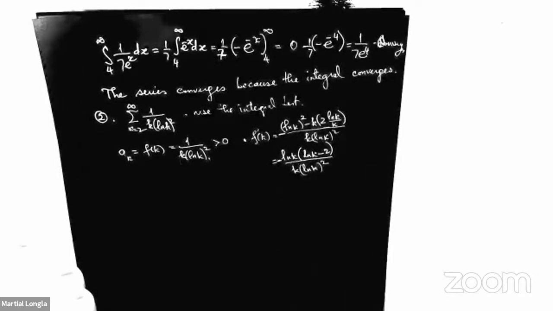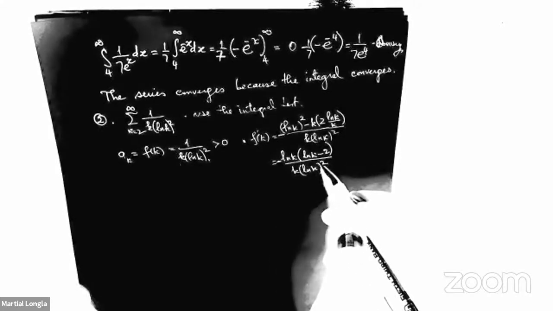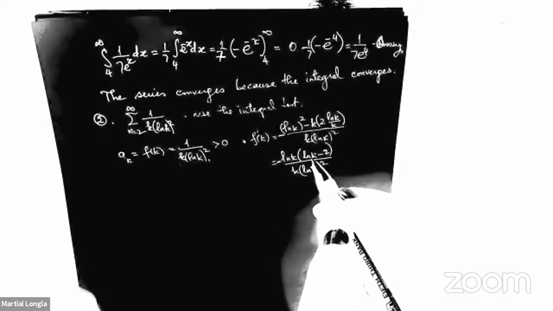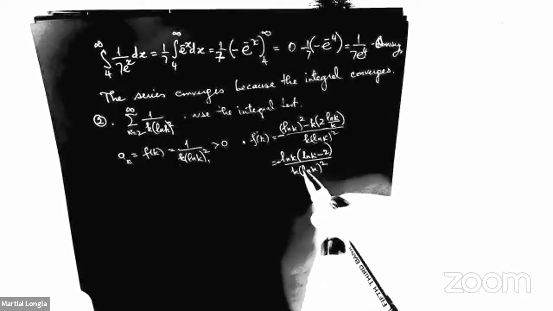We can simplify this, but it's really not needed. Nobody wants you to do that. So right here, you can see ln of k minus 2.